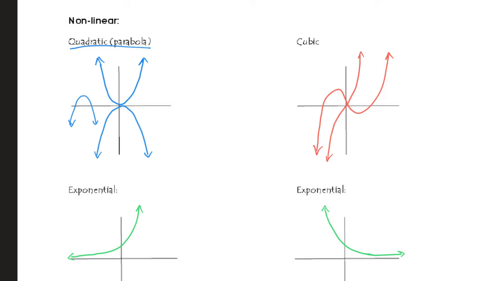Our quadratic, and I'm just going to highlight the first part of our quadratic, maybe starts to decrease and then it increases afterwards. Where you may notice that our cubic may start to increase, and instead of turning back around and decreasing, it continues to increase just on a different curvature. So those are all examples of cubics. You'll start to address cubics in grade 11 and grade 12.